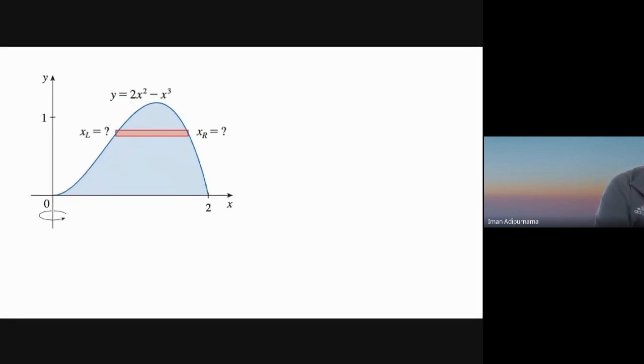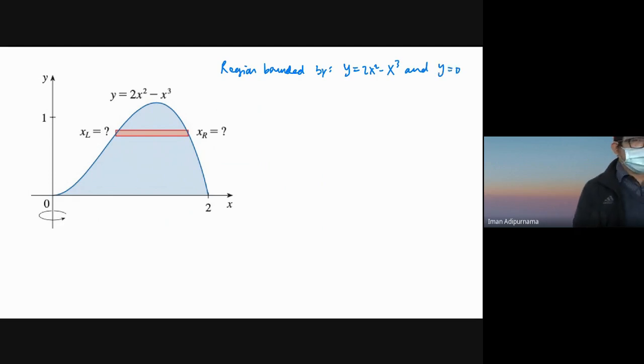So let's say we have a region bounded by y equals 2x squared minus x cubed and y equals 0. So from our perspective, we are going to have a shell on this one.